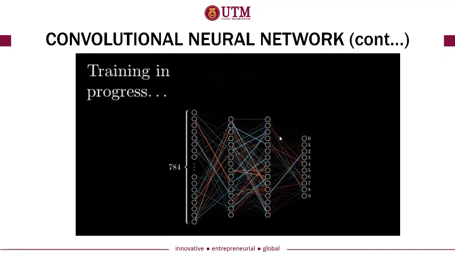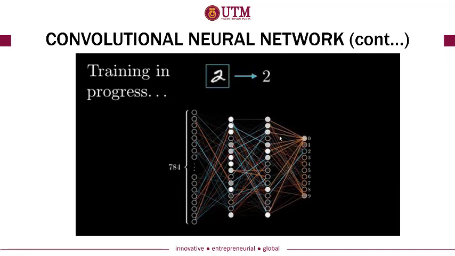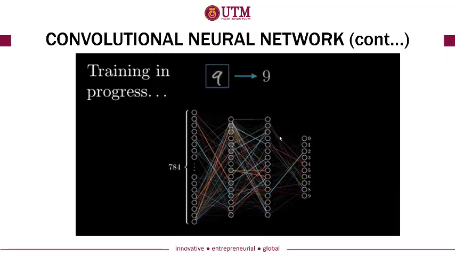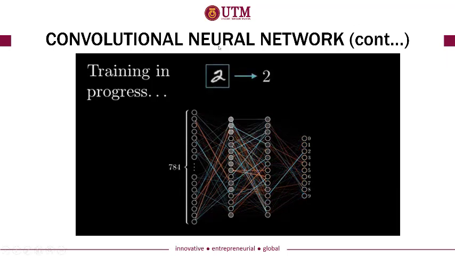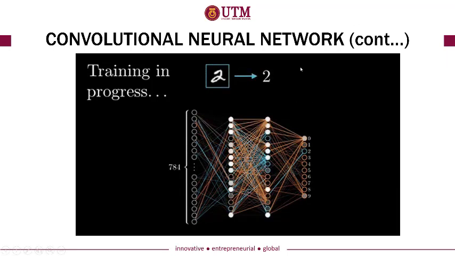But I just show you the animation of what happens in training. You have a forward pass, you have a backward pass, then you update your W. Again, you go forward pass and backward pass, and so on. I think this is the MNIST data set.